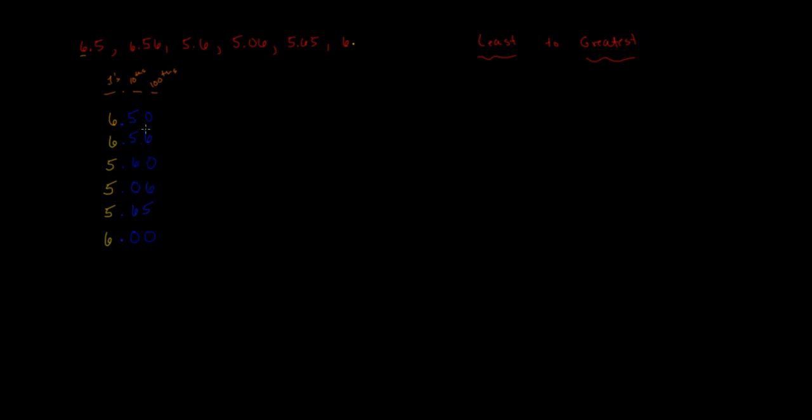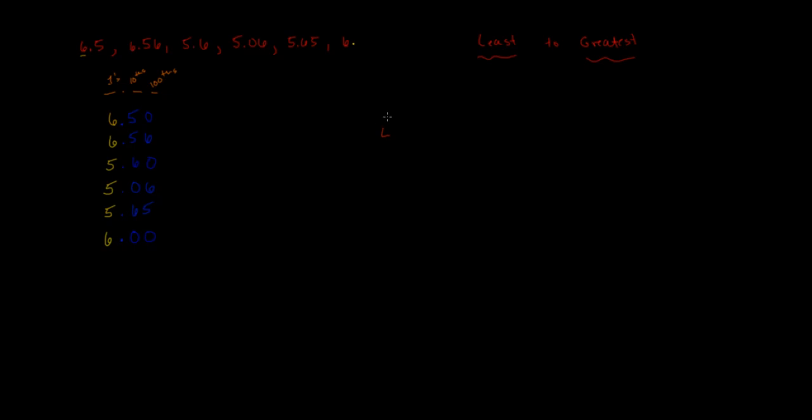Well, if I look at the blue number, I know that 6 out of 6, 60 and 65 is the smallest value. So I'm looking at my hundredths place really, and I've got 6 hundredths compared to 60 hundredths and 65 hundredths. So I know that 6 is my smallest. So my smallest number, let me write that in the original color here, my least, is going to be over here.